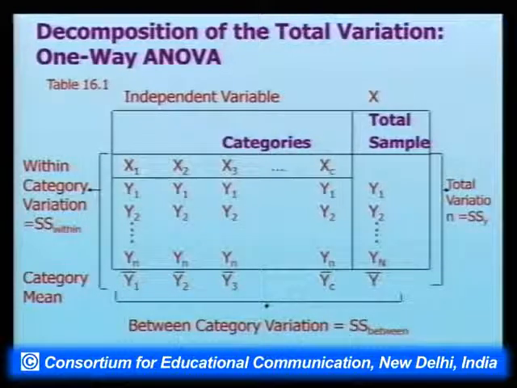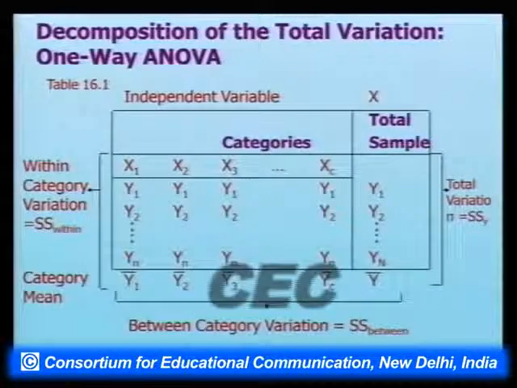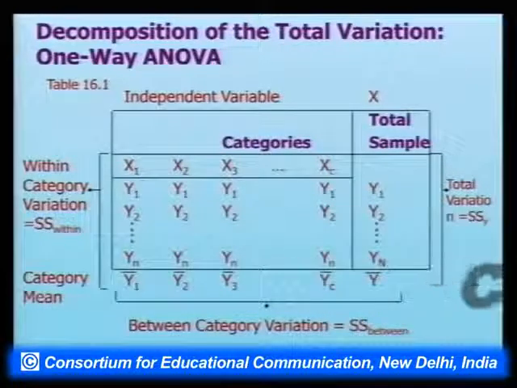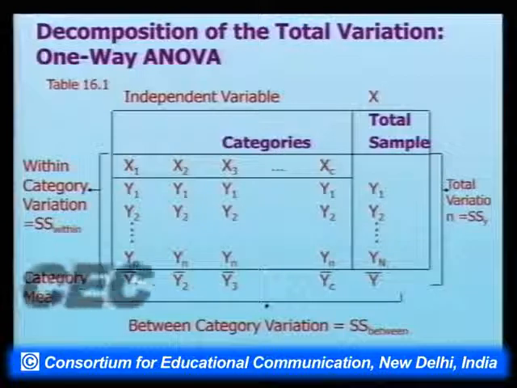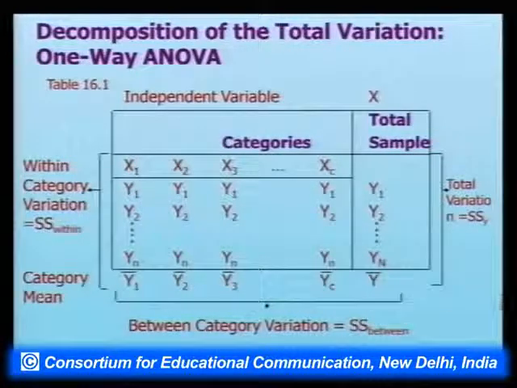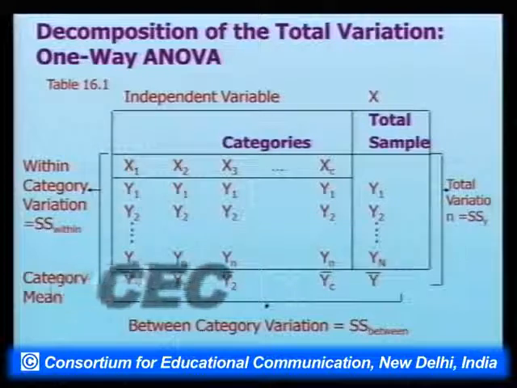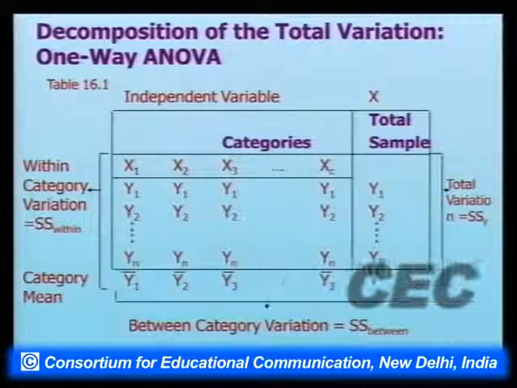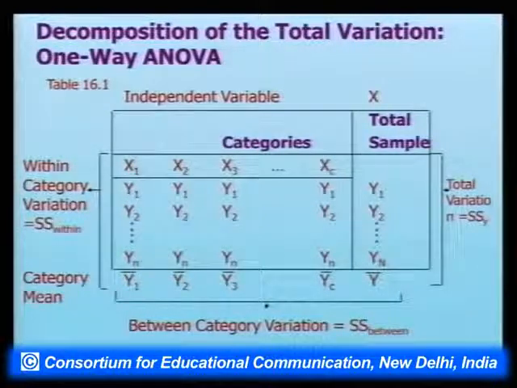However, each group will also have a group mean, denoted by Y1 bar, Y2 bar, Y3 bar, and so on. If we take the mean of all the means, that will also become the overall mean. So it can be calculated in two ways, denoted by Y bar here. Either we calculate individual means and from there we find the overall mean, or else we can add all the various Y's and find the overall mean.